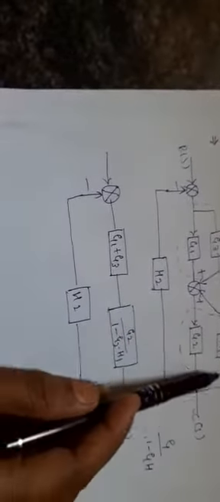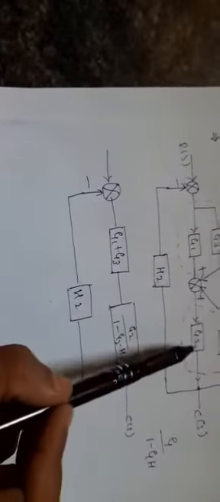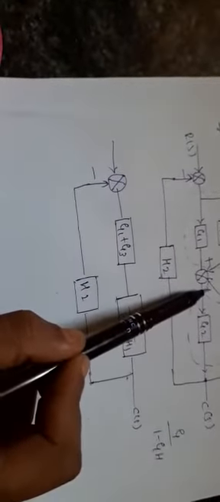This one is output C of S. Now these two are in parallel combination, so G1 plus G3. This is a minor loop because some part of the output is feeding back to the input. So G2 divided by 1 minus G2 into H1. Here it is a positive sign, so we take 1 minus GH.